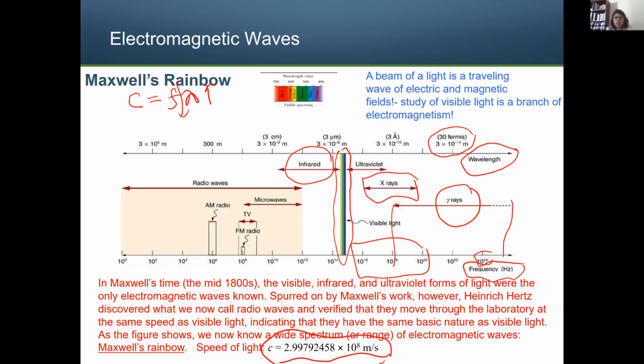Those things are infrared rays. And then radio waves, microwaves, you know we use those every day in our life. But these are the whole spectrum of electromagnetic waves. We can only see the visible range from around 400 nanometers to 700 nanometers wavelength.